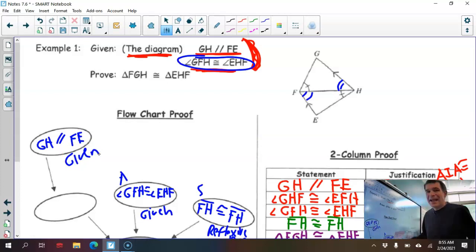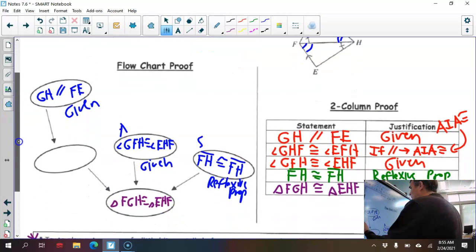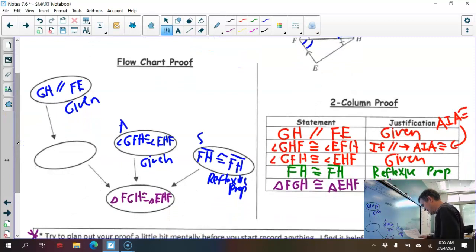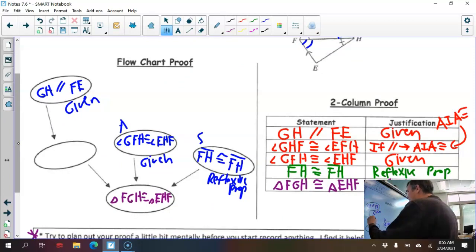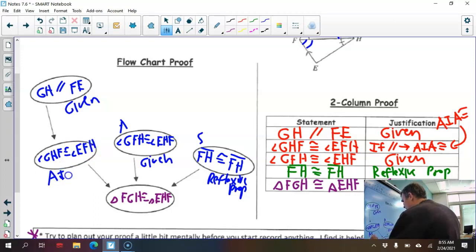And the arrow means therefore, right? So because the lines are parallel, now I can say that angle GHF is congruent to angle EFH because of alternate interior angles between parallel lines.